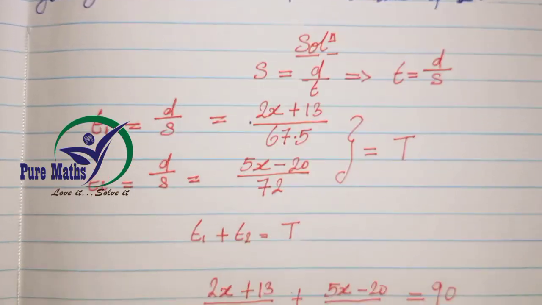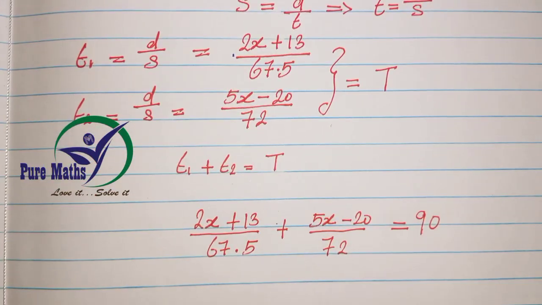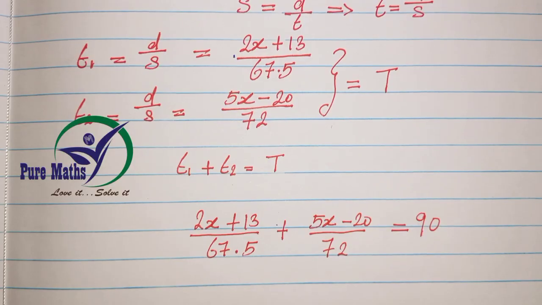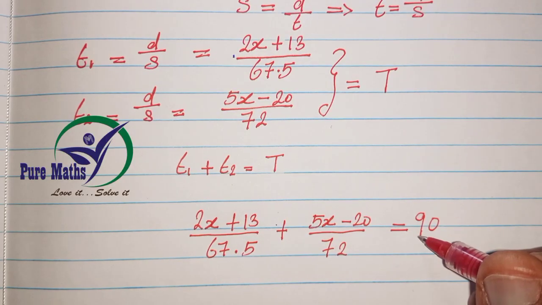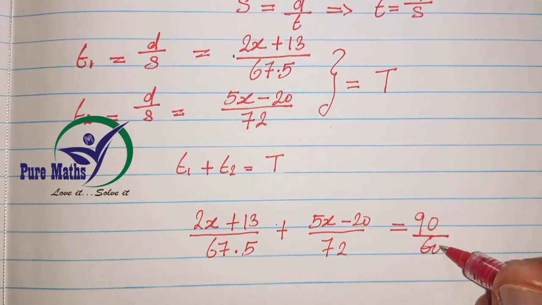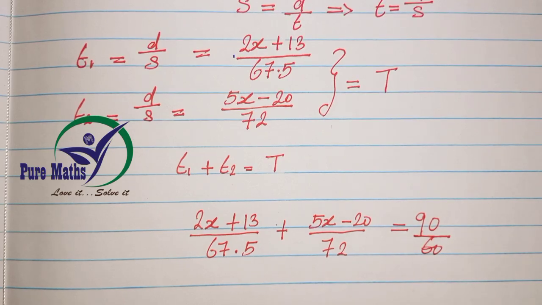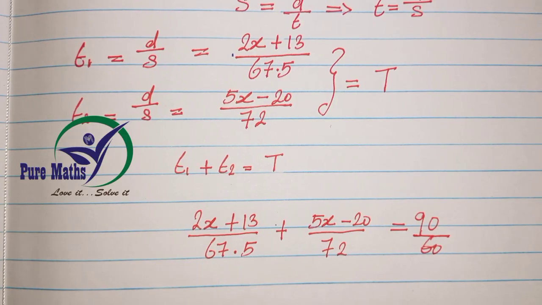So we need to convert minutes to hours, which means that we need to divide 90 by 60, so that we can have hours there. We are given 90 minutes, so of course we can't go ahead solving continuously in minutes. We need to change it to hours so that we have the same units all through. Having divided 90 by 60, we can go ahead to solve using addition of fractions.